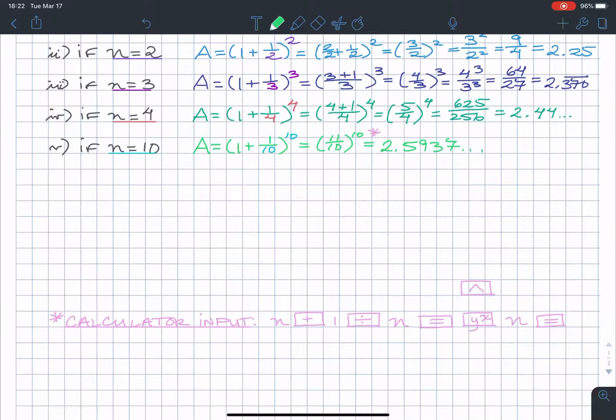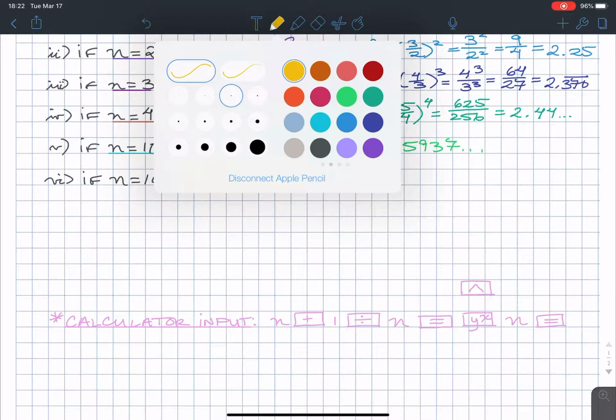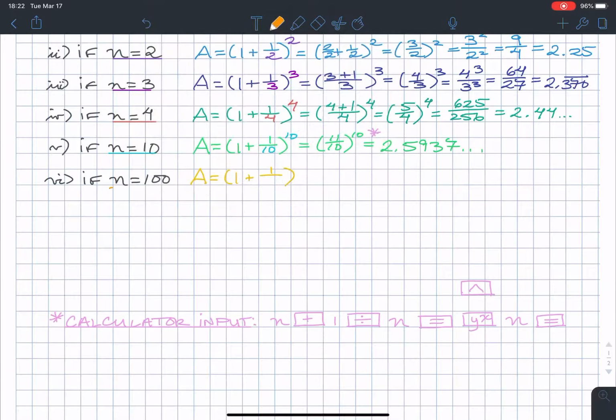So yeah, the decimal's still going up a bit. But what would happen now if I skip by an order of 10? That is, let's say I want to plug in n equals 100. So what would the amount be in that case? Well, it's 1 plus 1 divided by 100, all raised to the 100. So n is now 100.